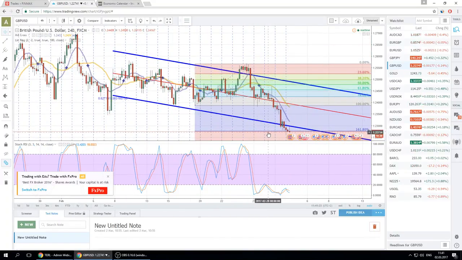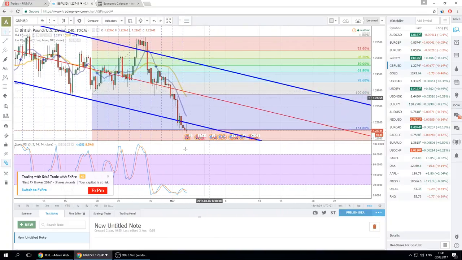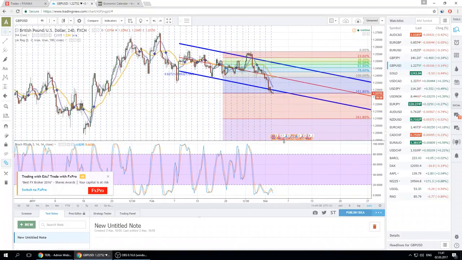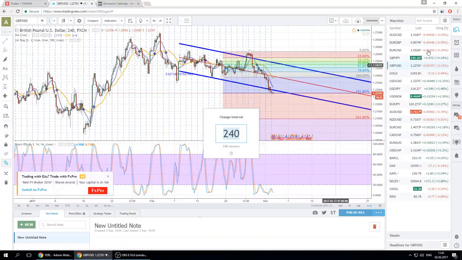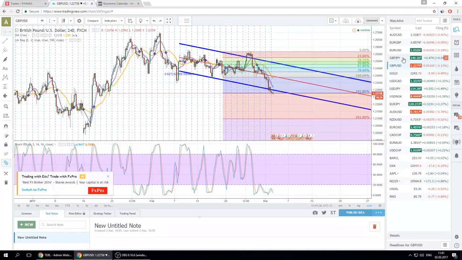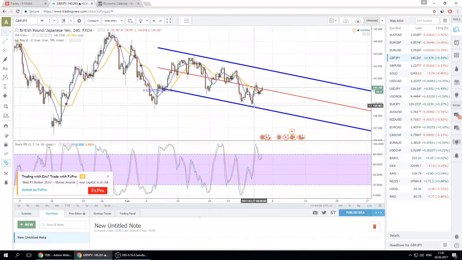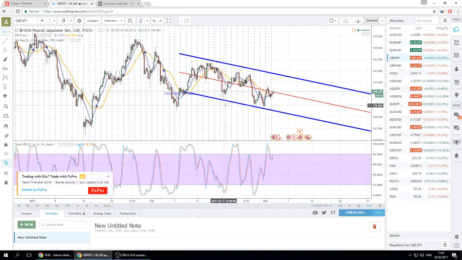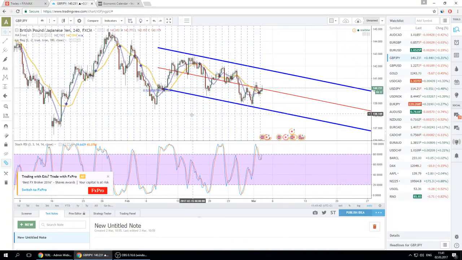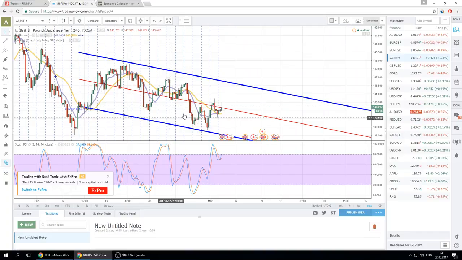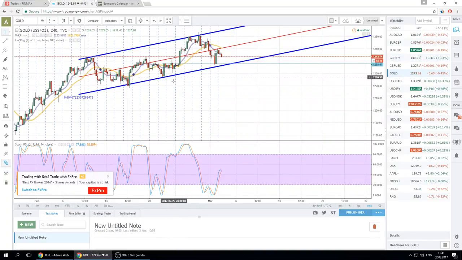So as you see, British pound here reached a pretty low level. On this chart, well, the picture is not that sad for the British currency.